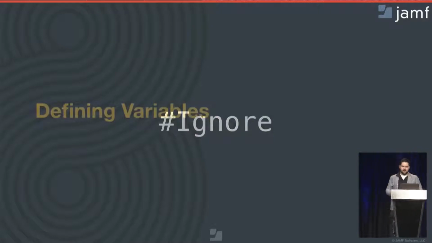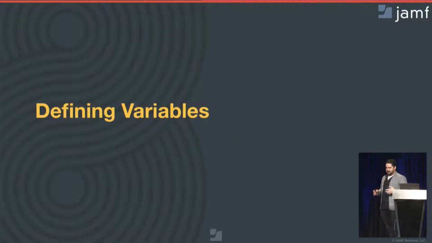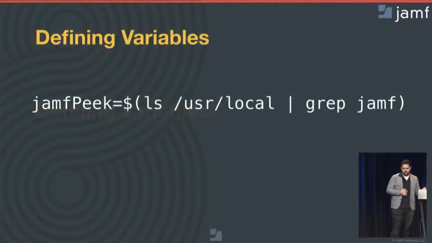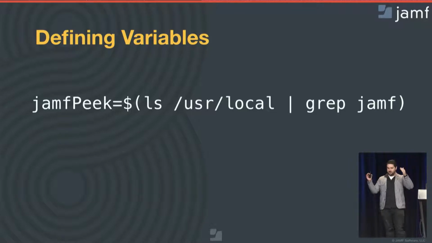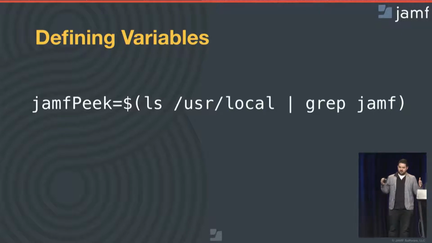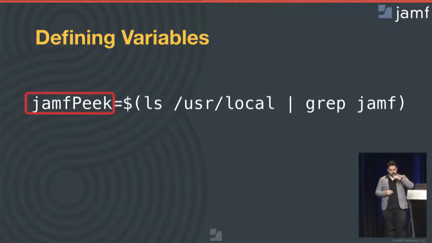All right, let's talk about another hefty one, actually, that people have trouble with when they're first getting into scripting, which is defining our variables. So I'll give you the long answer. A variable is a parameter which can be referenced within a script several times using the $ symbol. So in that case, if we see the variable that I've got up here, jamfPath, that is our variable.